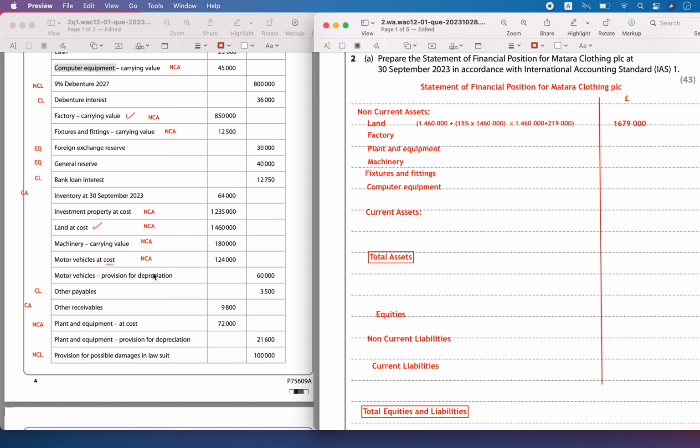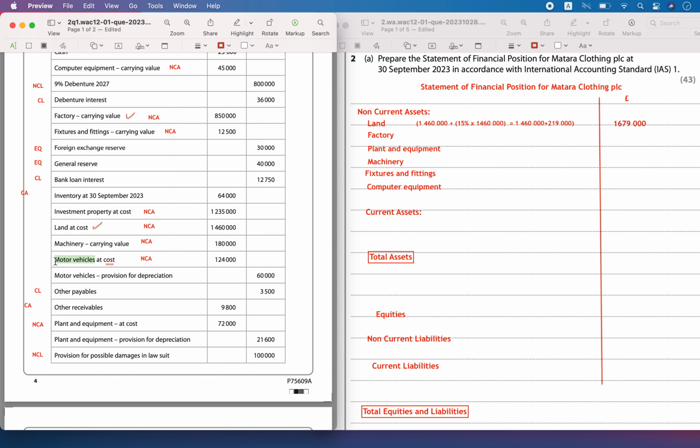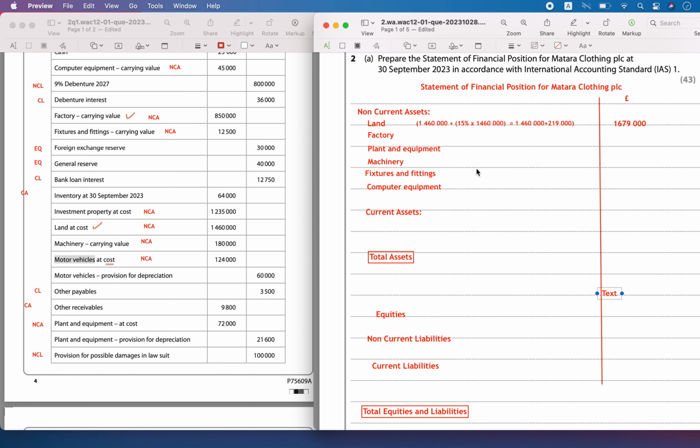Then you have the motor vehicle. Now let's calculate for each of them, the carrying value of all these non-current assets.